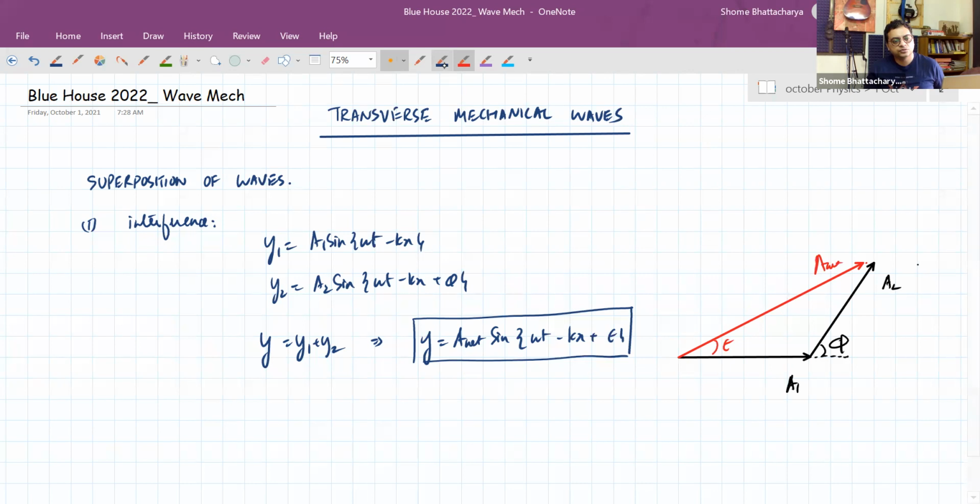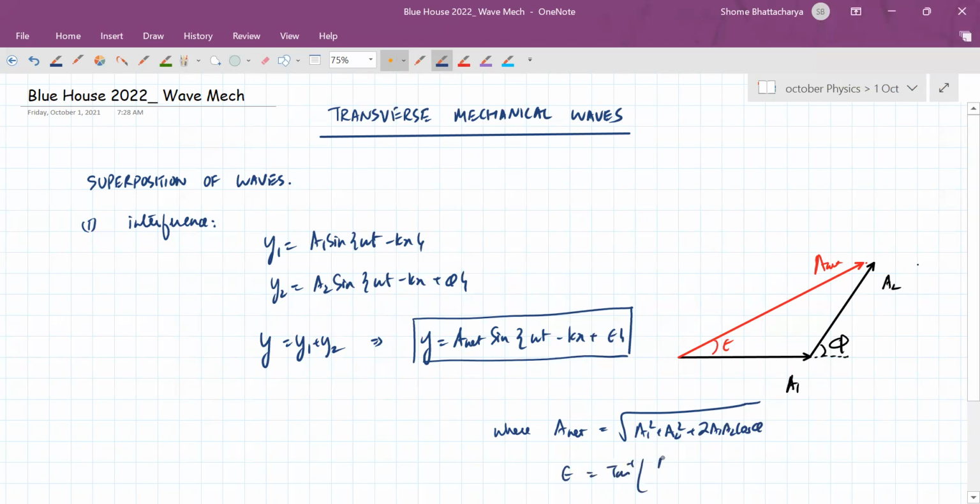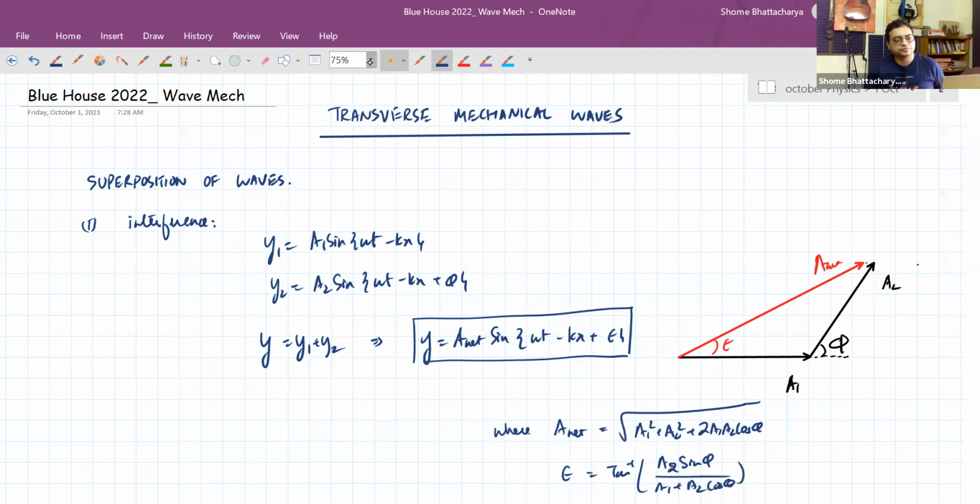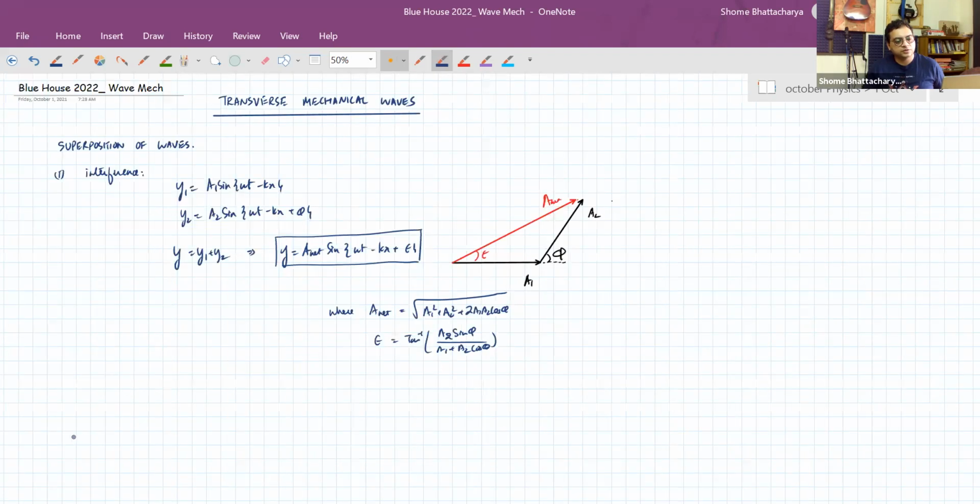So we have the formula, and that phase angle is given. Let us look at a couple of examples of this today.